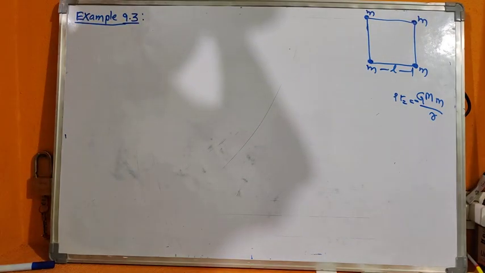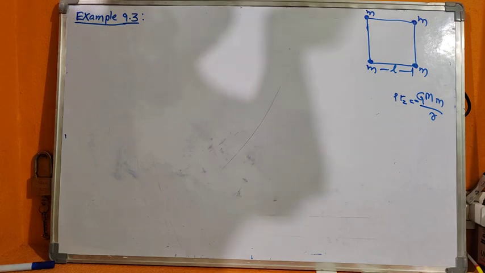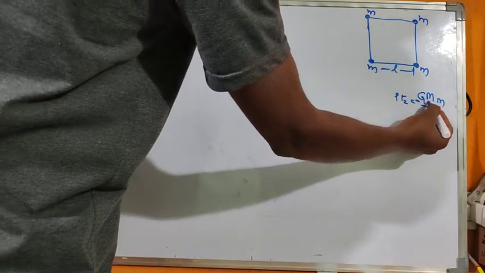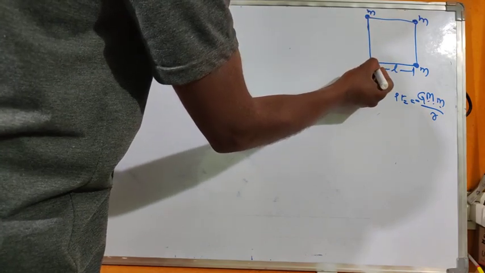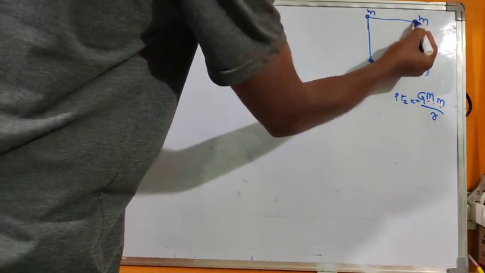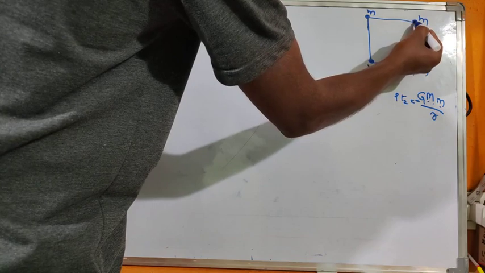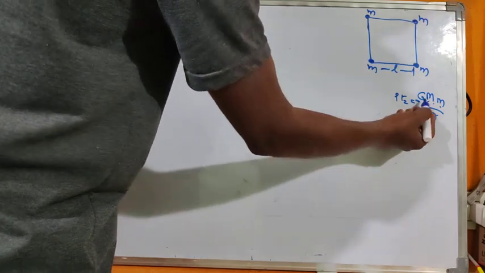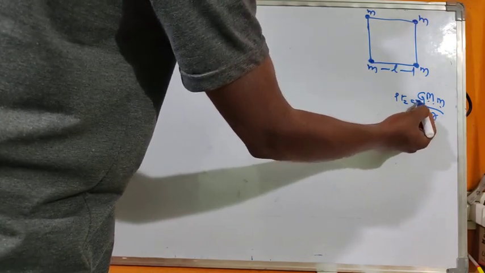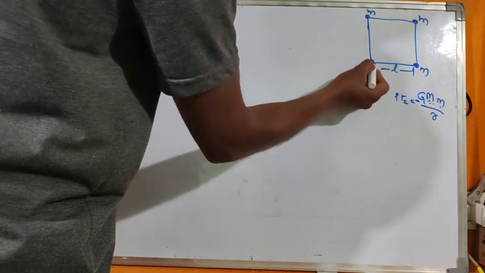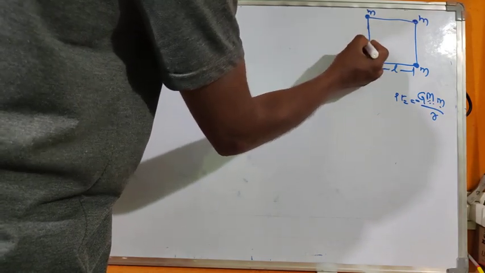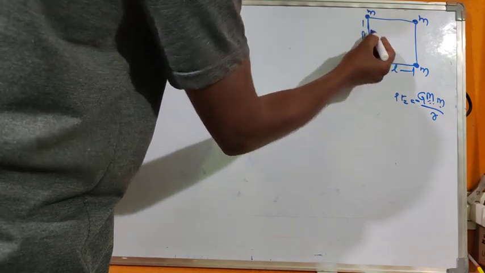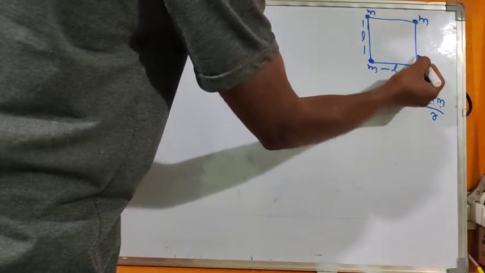Here also we have that kind of masses. Between these two masses there is a gravitational potential energy, and between these two masses also, and the distance is L, and between these two masses, and between these two masses.